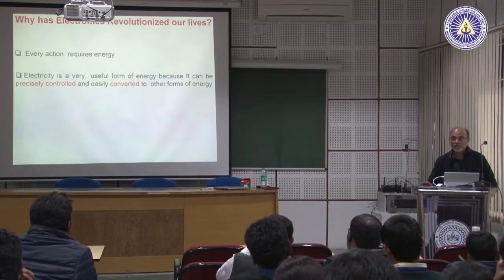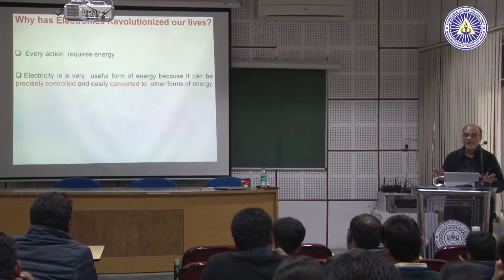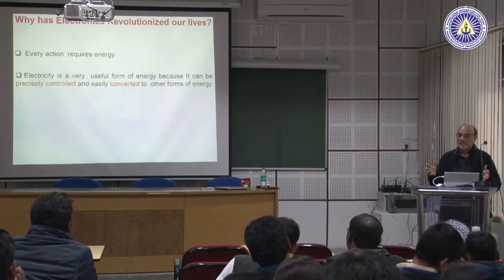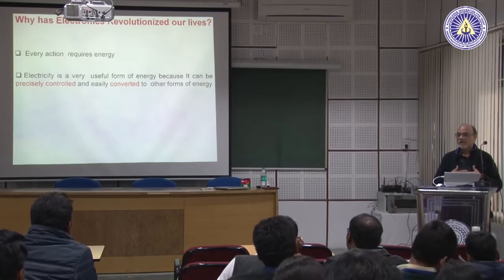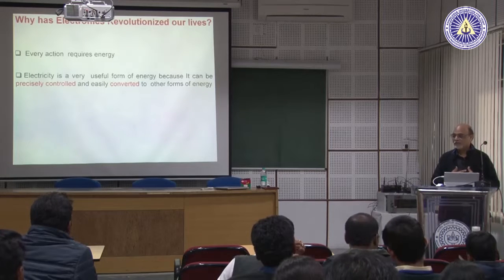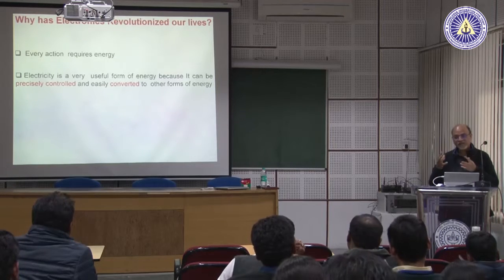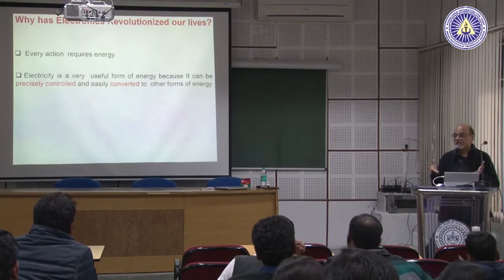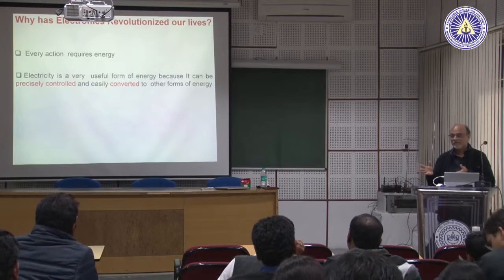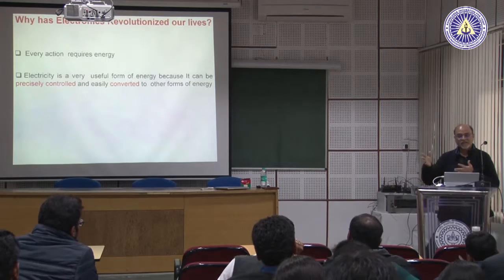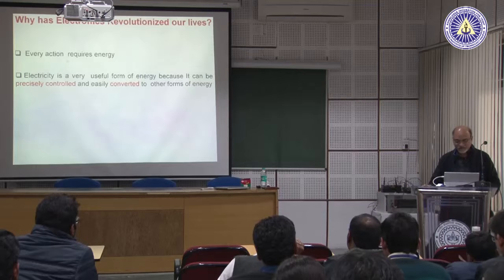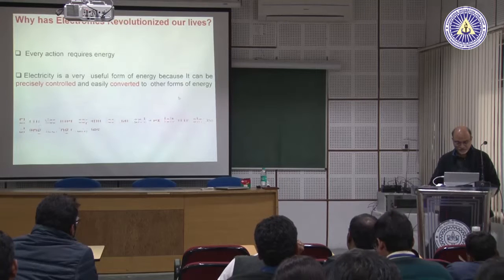The first statement says, no matter what you are thinking of doing, you require energy, right? And the second statement says that electricity is a very useful form of energy. Why? Because I can precisely control it. Control means what? I can make it do what I want. Once I control something, I can make it do what I want. So it can be precisely controlled and converted to other forms of energy.